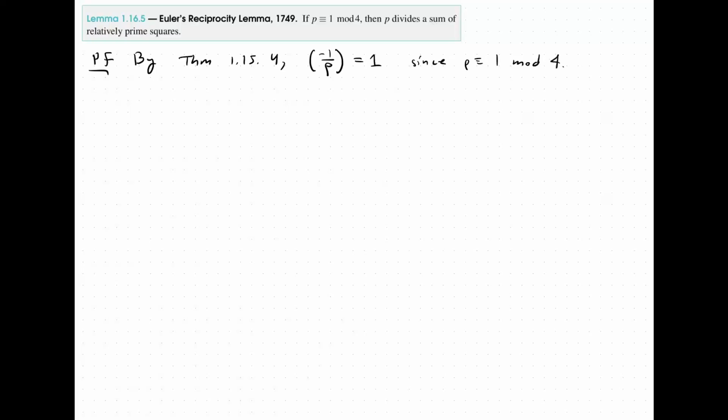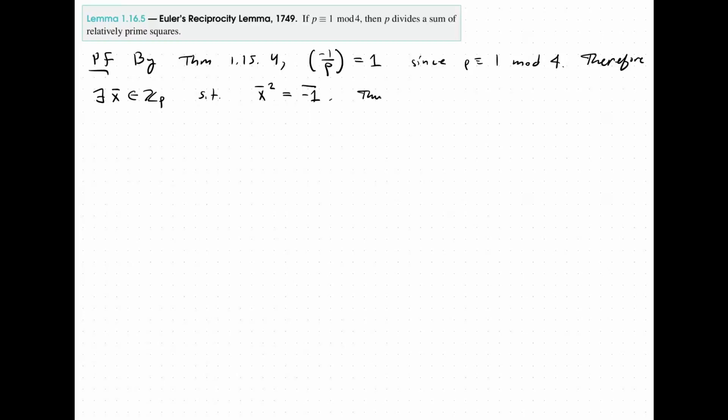So therefore, by definition, because this Legendre symbol is equal to 1, there exists some x bar in the integers modulo P such that x bar squared is equal to -1 bar.